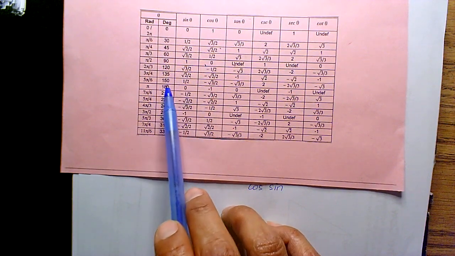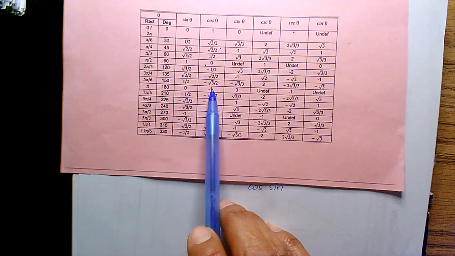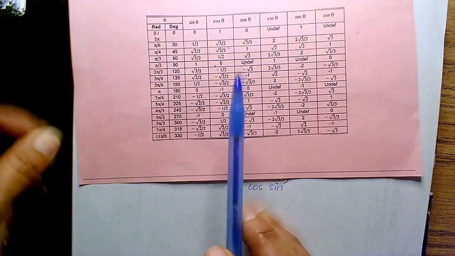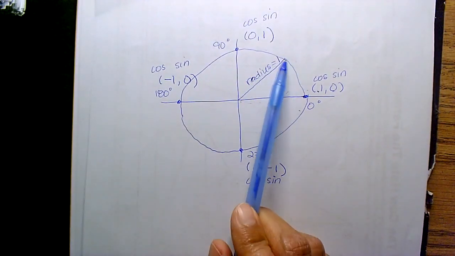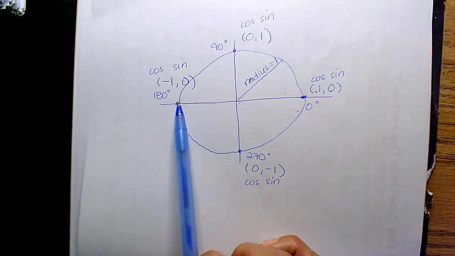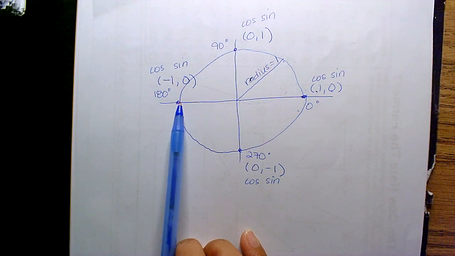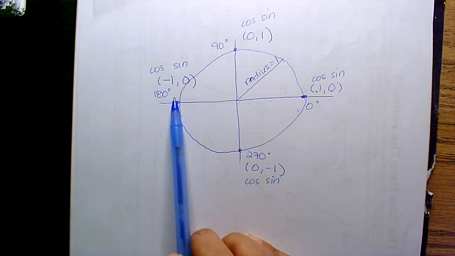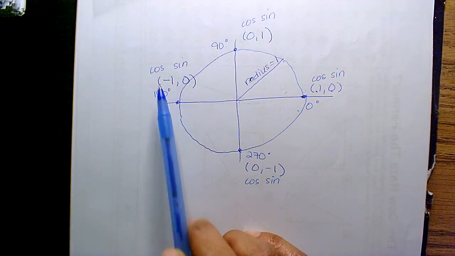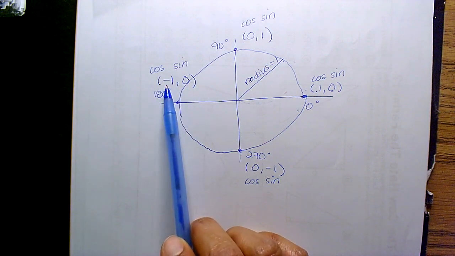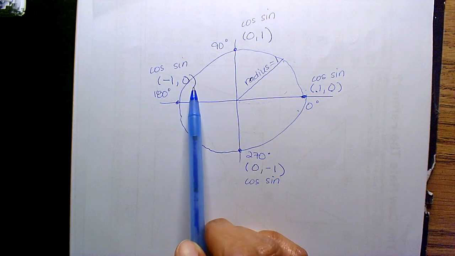Okay, look at 180. 180 is (negative 1, 0). Why is that? When the radius moves here, it's a horizontal segment facing the left, so this dot is (negative 1, 0). But remember, it's always cosine, sine, alphabetical, like x, y.